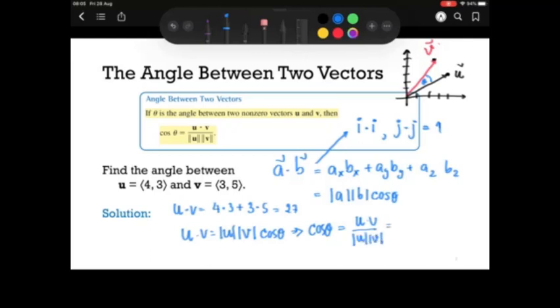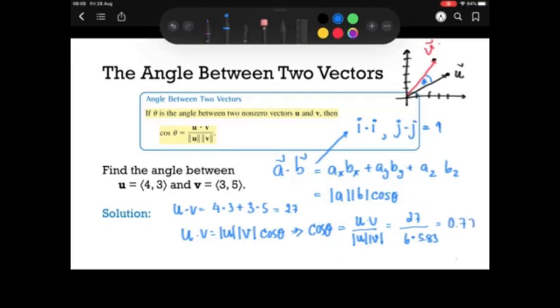We already know that u dot v is 27, and the magnitude of u, which is the square root of 3 squared plus 4 squared, will be equal to 5, and for v it is 5.83. So we get cos theta equal to 0.771.